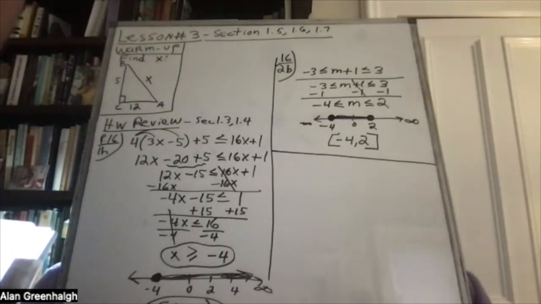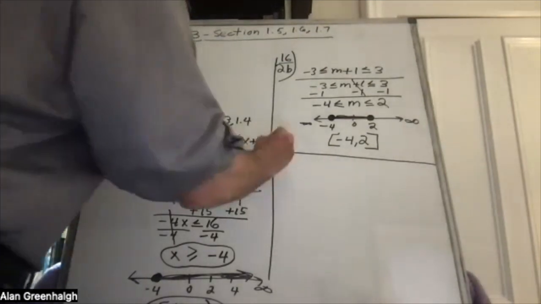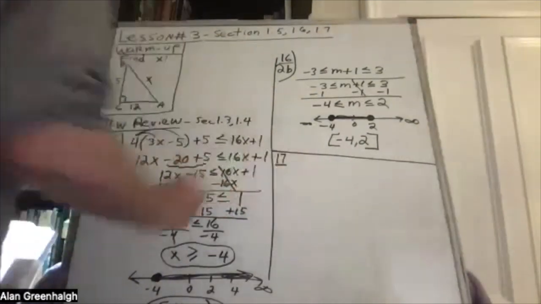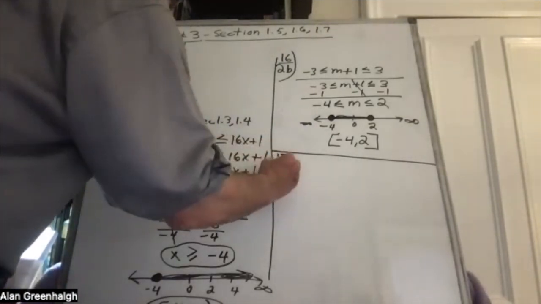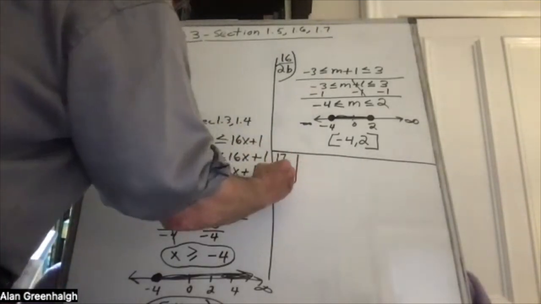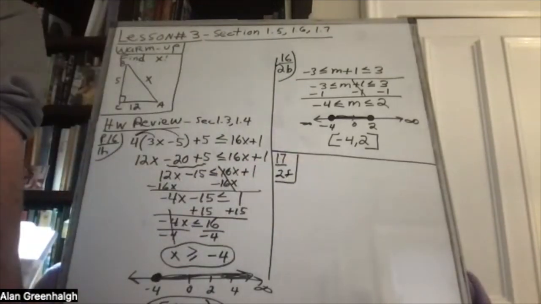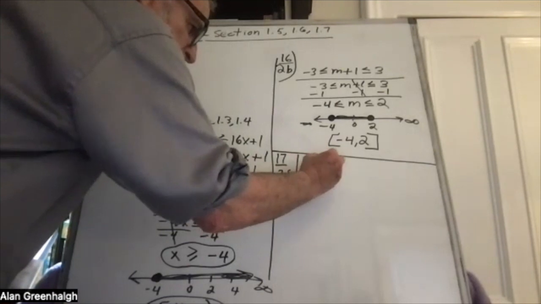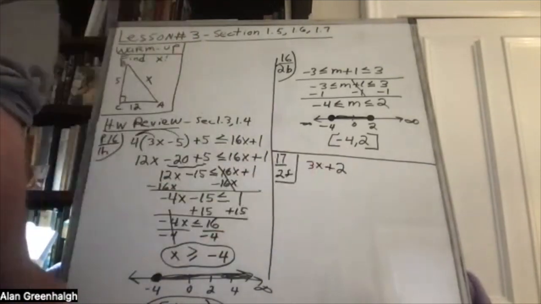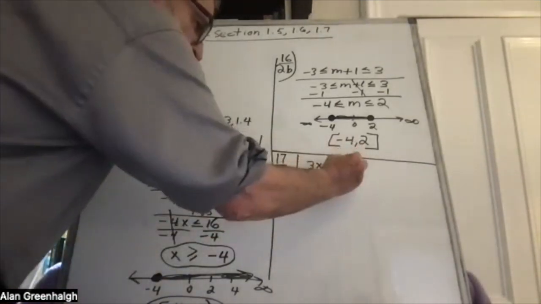to page 17, problem F. So I guess that's 2F, really. Okay, so here's the problem. It's 3x plus 2 is less than -3.